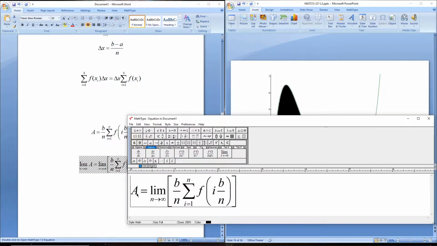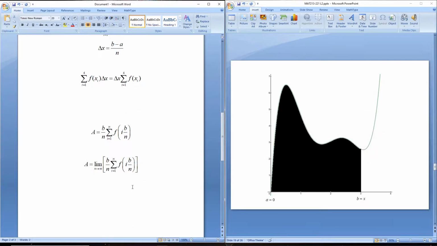That's just our a value. And the limit on the right is where the fun is. So here is our algebra expression, this is our estimation. But once we put the limit on here, this is now our exact answer. This is the one that we're going to be using now.